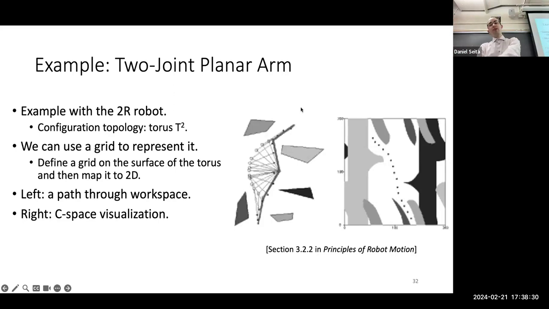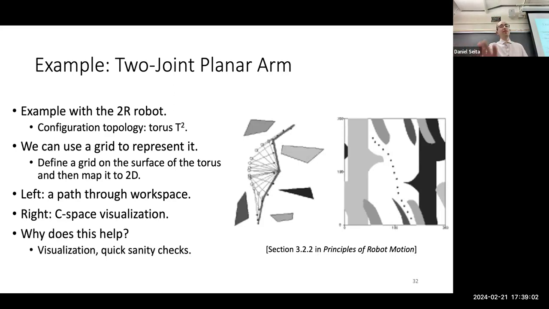Again, the left is a top-down view, as if we have a camera looking at it. This is if we mapped everything over to configuration space in a grid: these are all the obstacles, here's where the robot is, and it looks like it found a collision-free path from one to another.